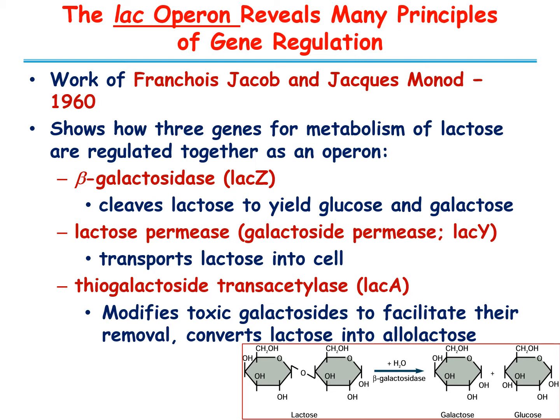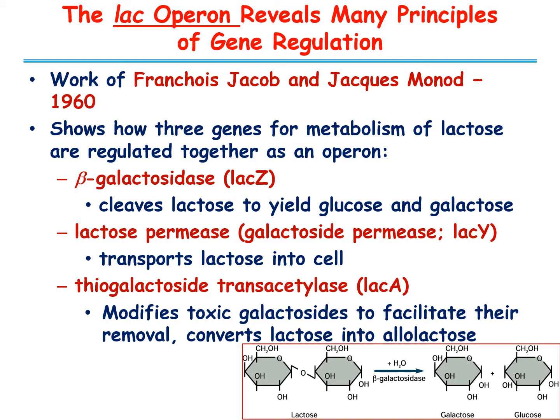Some researchers believe that it modifies the toxic galactosides within the cell in order to facilitate their removal. Others think that the transacetylase converts lactose into allolactose. Now, we've discussed that the lac operon is not always on. It has to be turned on, and so there must be some cellular signal.